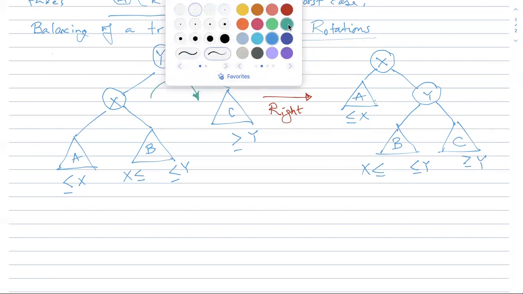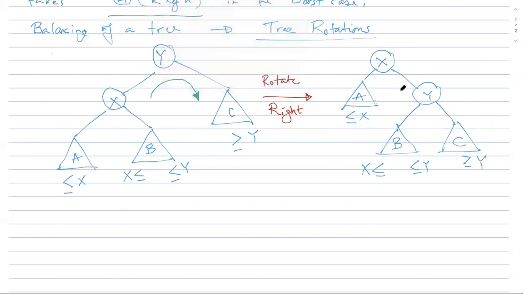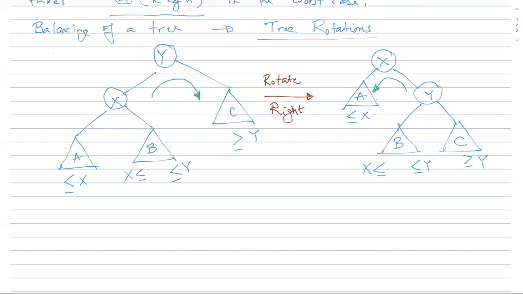Now one can also see likewise the left rotation. When you give a left rotation for this tree, you get to the right. When you give the left rotation around X on this right tree, you go to the configuration on the left.